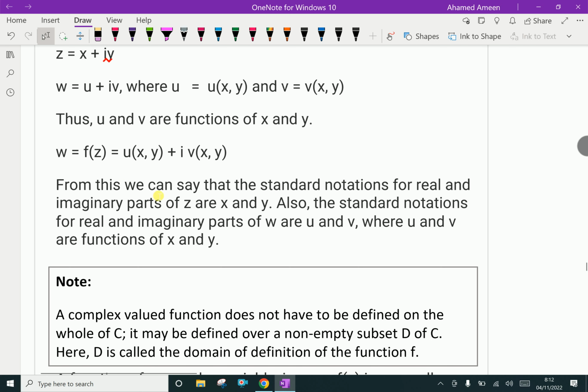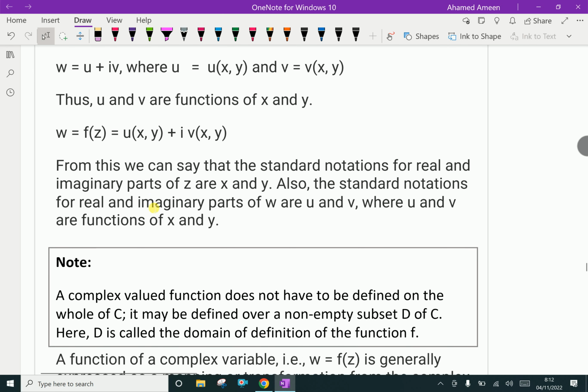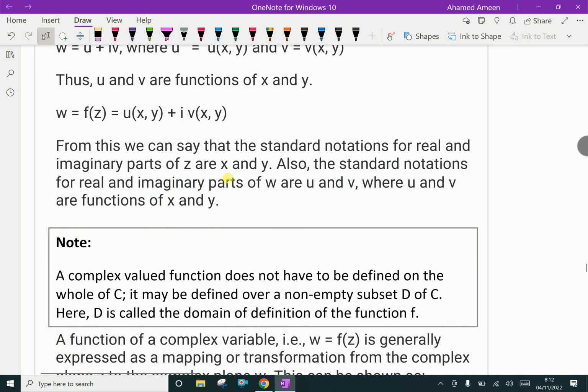From this we can say that the standard notation for the real and imaginary parts of z are x and y. Also the standard notation for the real and imaginary parts of w are u and v, where u and v are functions of x and y.